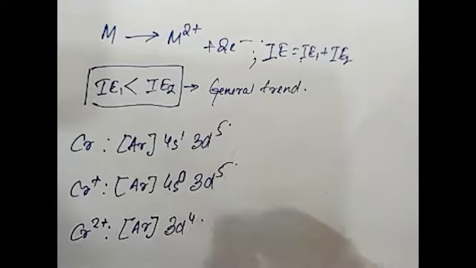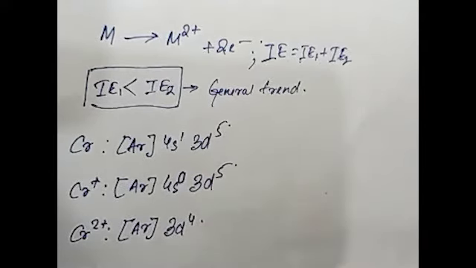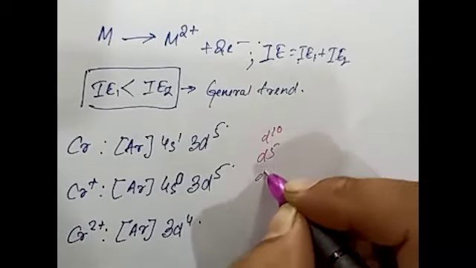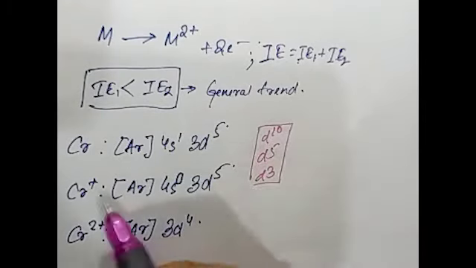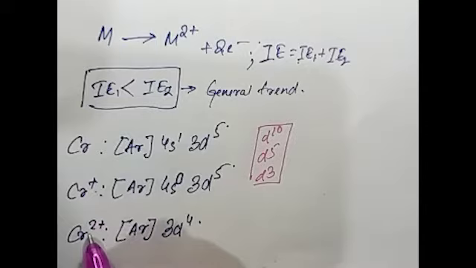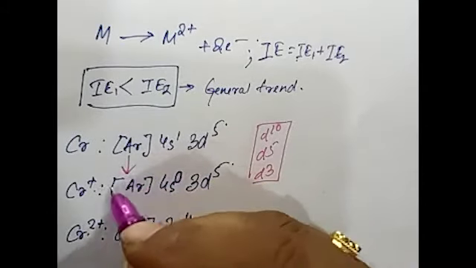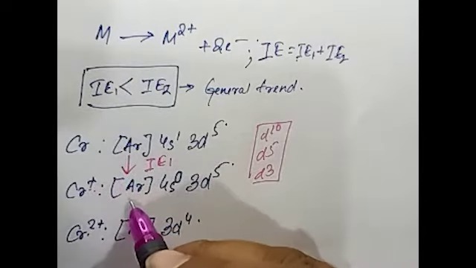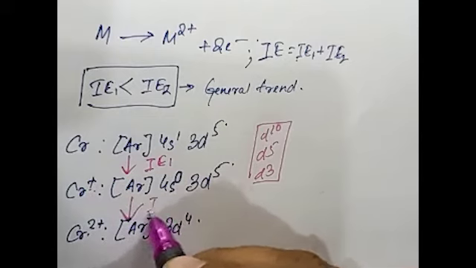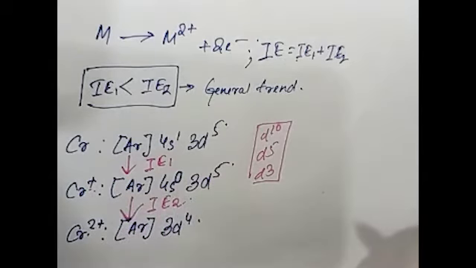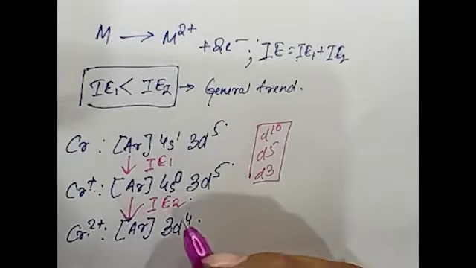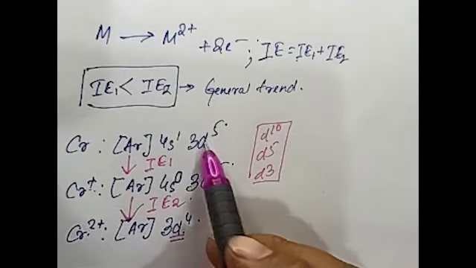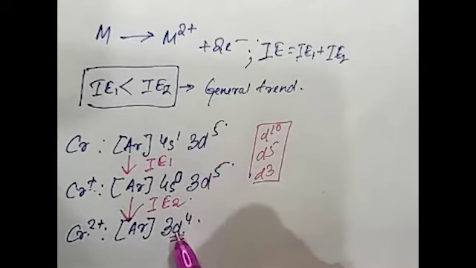So I said 3 different configurations are very stable, and these are d10, d5 or d3. So if you want to make Cr plus from chromium, you have to give first ionization enthalpy. And to make Cr2 plus from Cr plus, you have to give second ionization enthalpy. So after two electrons are removed, what configuration is it getting? D4. Mind you, D5 was a very stable configuration compared to D4.